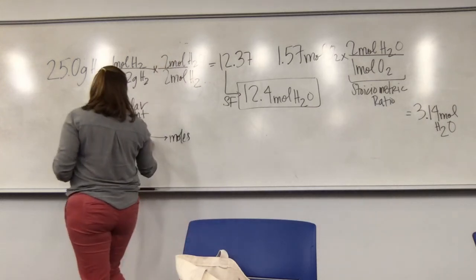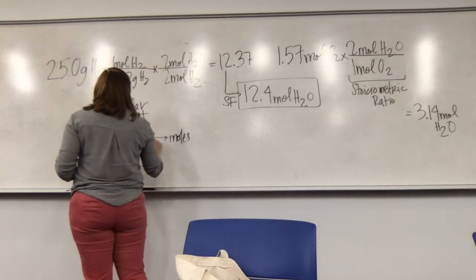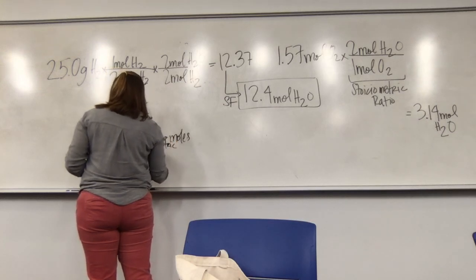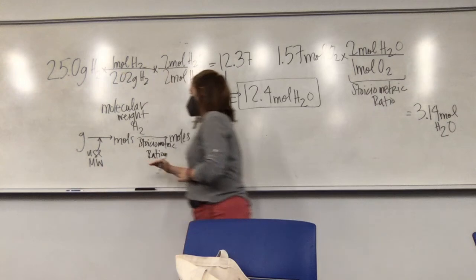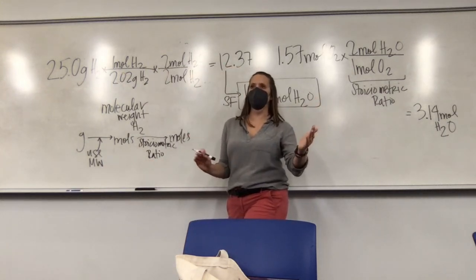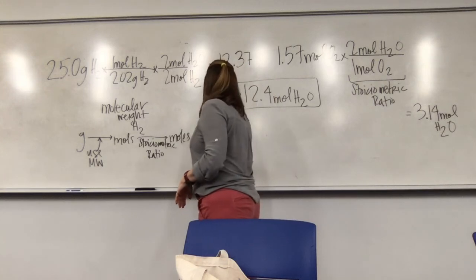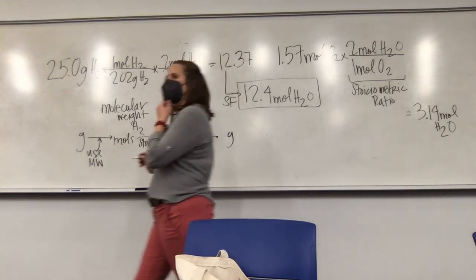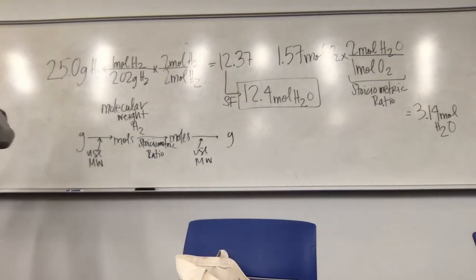This is going to use the stoichiometric ratio here. It is not present in this calculation, but literally in the next one I'm going to show you. We're going to go from moles back to grams, use the other molecular weight. Just so that we can draw our roadmap to refer back to on the next one.